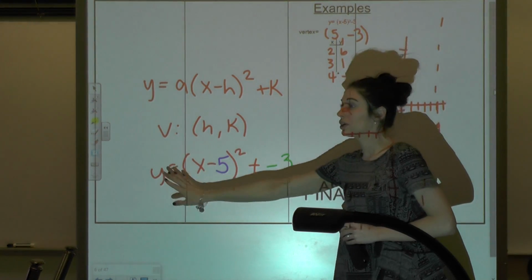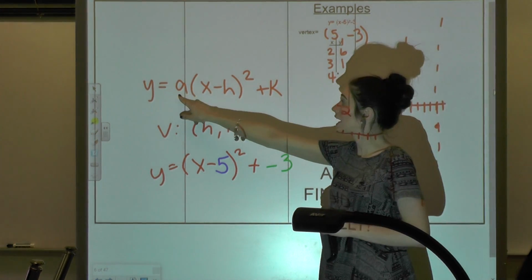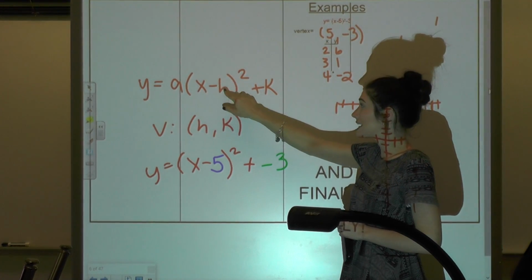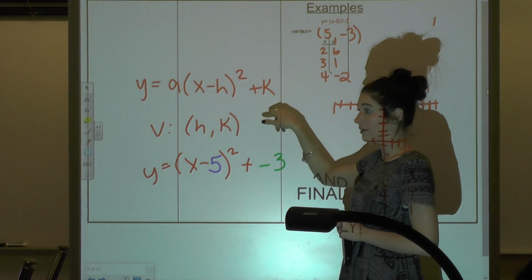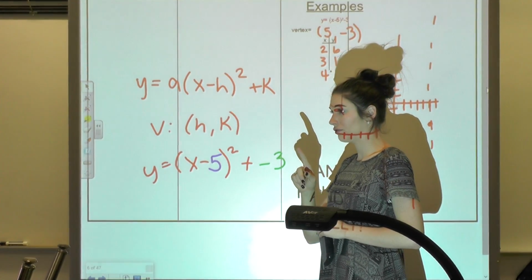So this is actually what you have. It has to be in this form, y equals a(x minus h) squared plus k. So your a is actually 1 in front here.